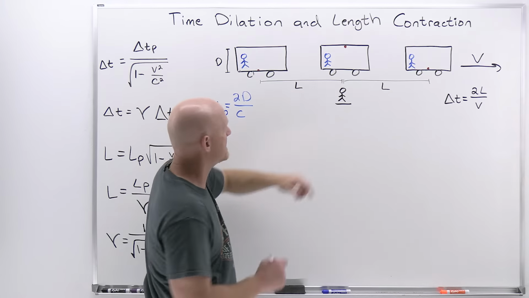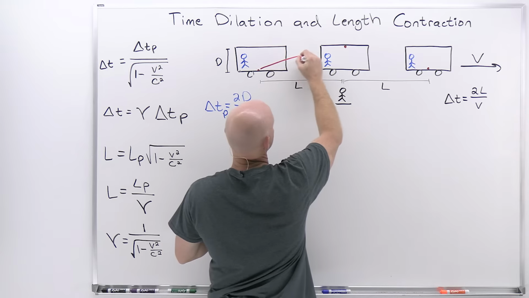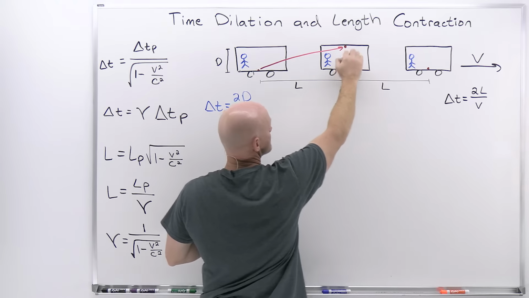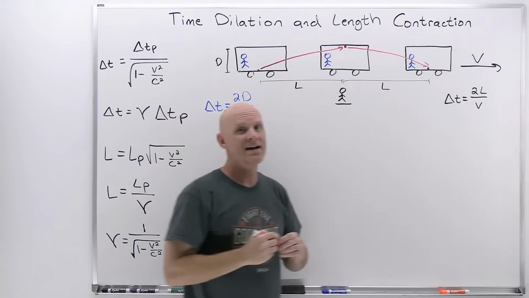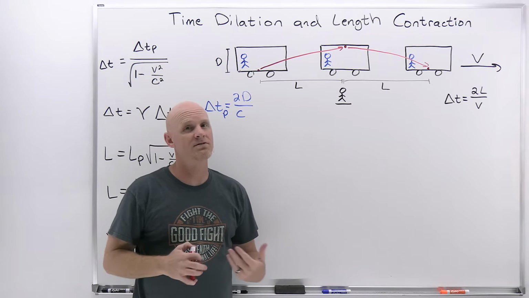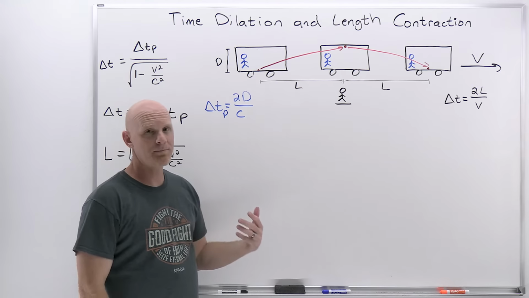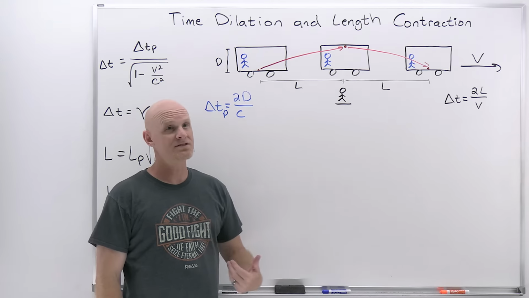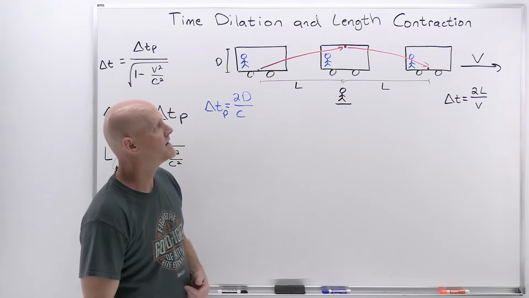But from this guy's perspective, it pulsed, started right here, and then it traveled along a diagonal to where it was reflected, and then traveled along a diagonal to where it hit the detector. And that's the path the light took there. And that's a longer path. And because it's a longer path, because the speed of light is fixed, it's going to be a longer time as well, as we'll see here.